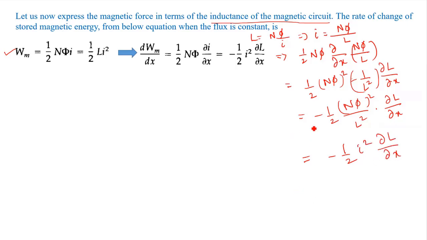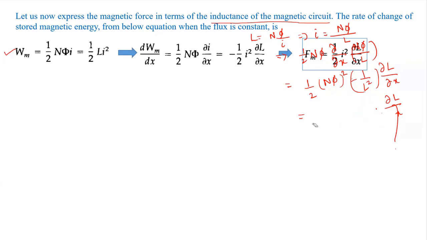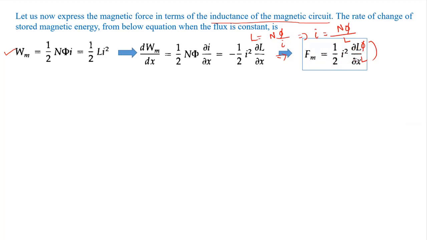Okay. So this is the expression of the rate of change of the magnetic energy in terms of L, right? So now if I find Fm from this expression, because Wm I know, and for the constant flux linkage case, Fm is nothing but minus delta Wm by delta x.